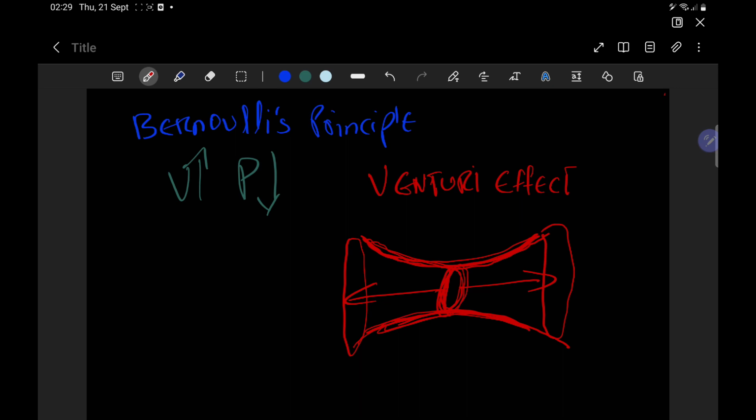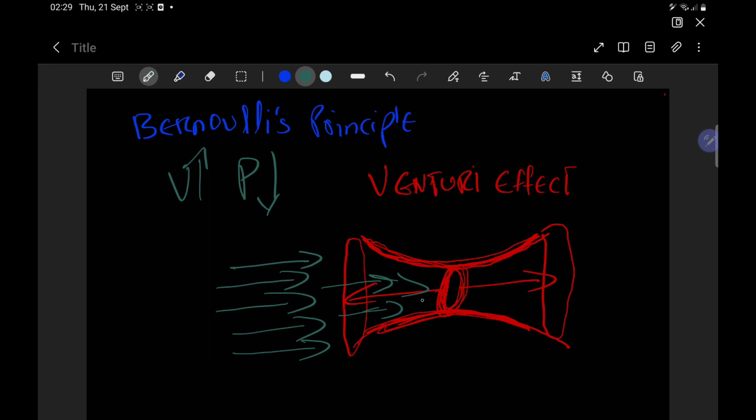Now what happens is, when the relative airflow or an air mass is passed through this tube, the airflow converges at the throat.